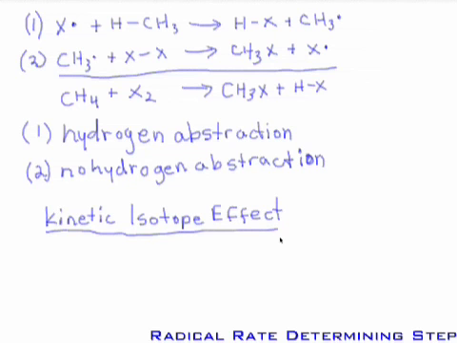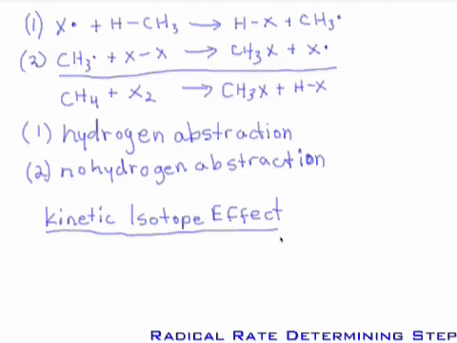The kinetic isotope effect is typically used with hydrogen because when you go from hydrogen to deuterium, you're adding a neutron. Hydrogen just has a proton in the nucleus, deuterium has a neutron, and that doubles the mass. Breaking a bond with an atom that has double the mass requires more energy. That is, a deuterium carbon bond has a higher bond dissociation energy.